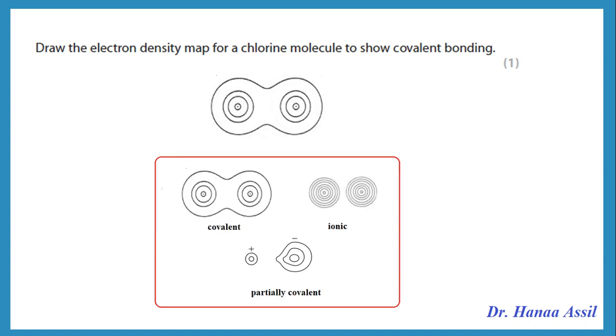So remember again, to draw for covalent, the contour lines overlap. Ionic, each ion is independent of the other, no overlap of the contour lines. If there is ion polarization, that means the positive ion distorted the electron cloud of the negative ion, then the electron cloud around the negative is slightly pulled or distorted towards the positive ion.